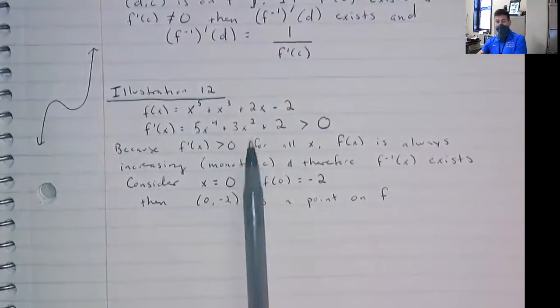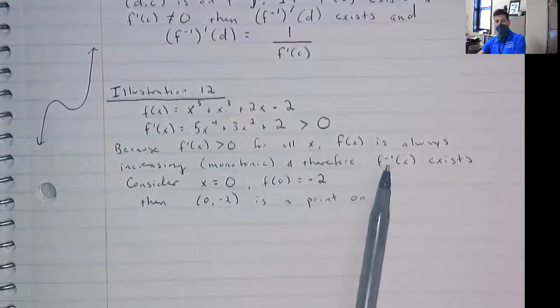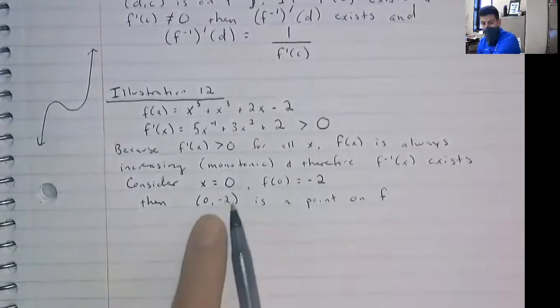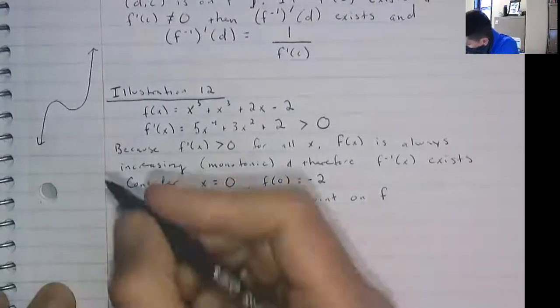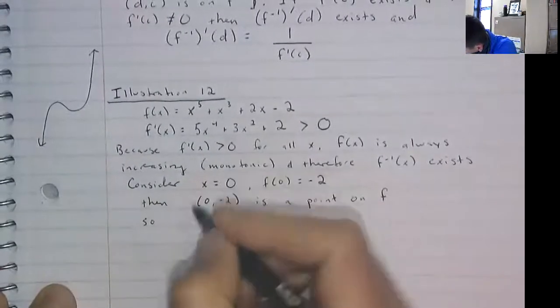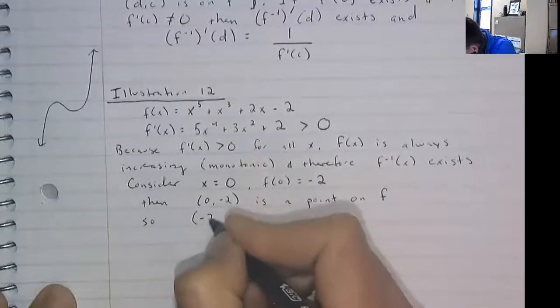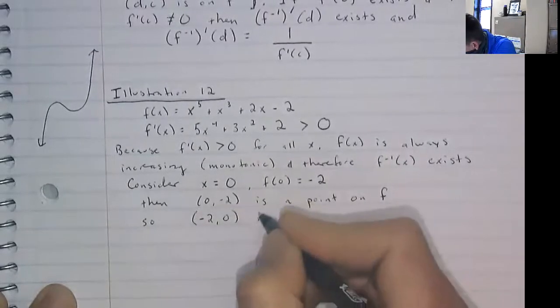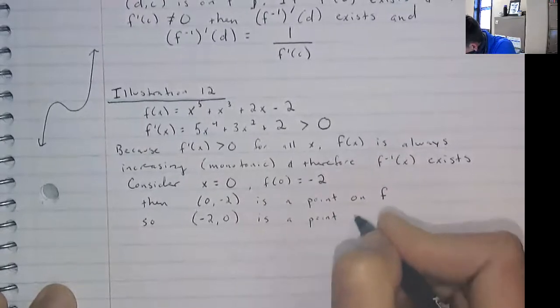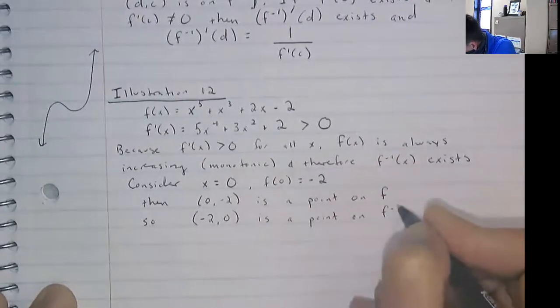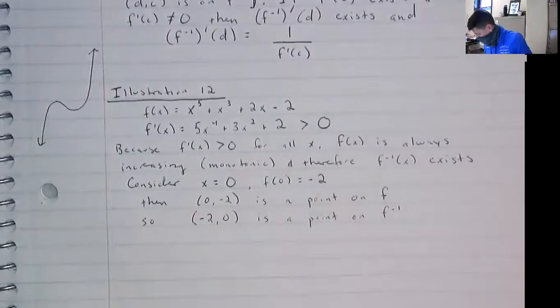So even though we don't know what this inverse function is, we do know that (0, -2) is on f. So as a result, (-2, 0) is a point on f inverse, even without knowing what f inverse is.